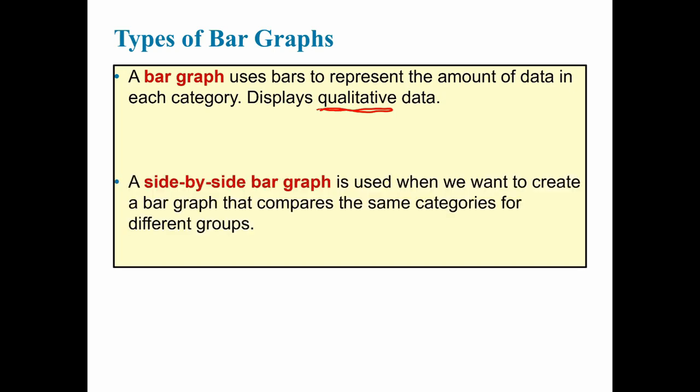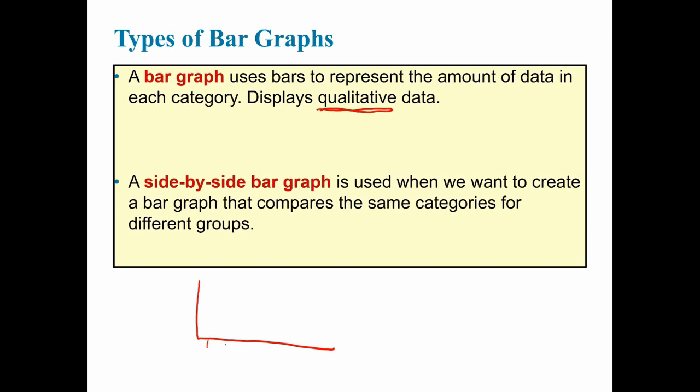With a side-by-side bar graph, we still are talking about qualitative data, but then we're comparing the same categories for different groups. For example, maybe I want to have a bar graph that tells me how many males and how many females were in each type of math class.